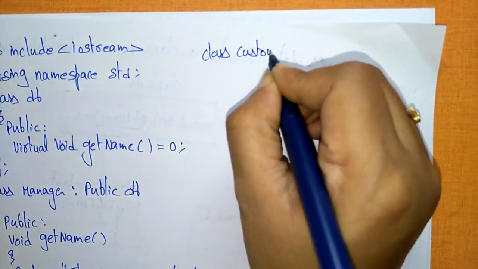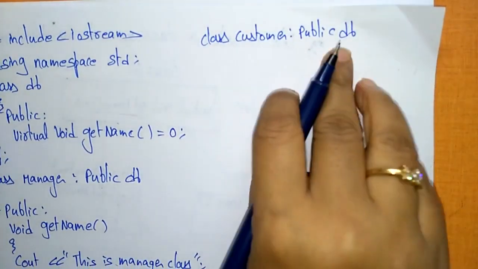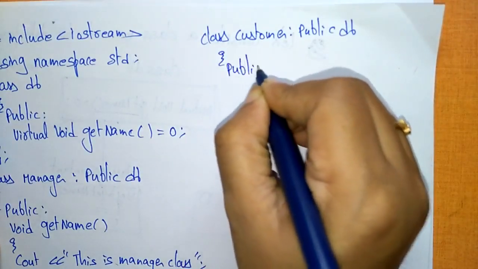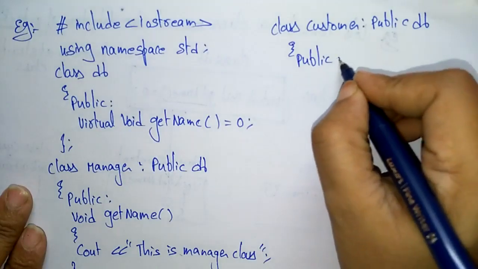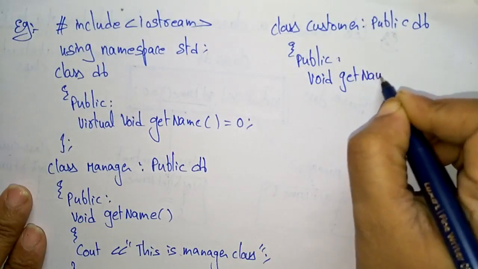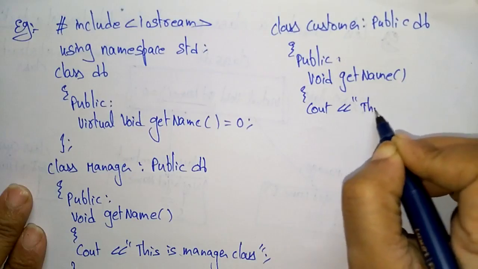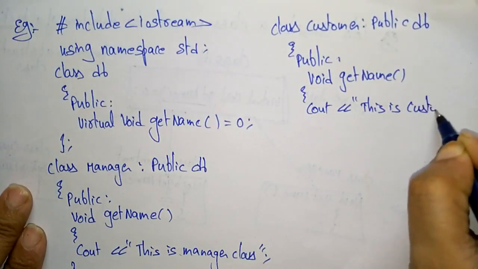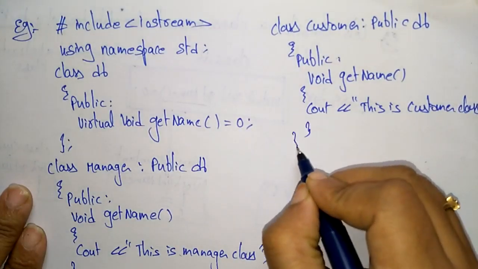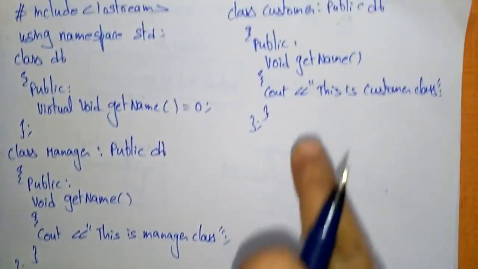Customer is the derived class and public database is the base class. Now writing the definition of the getName function in customer, printing with cout, this is customer class.